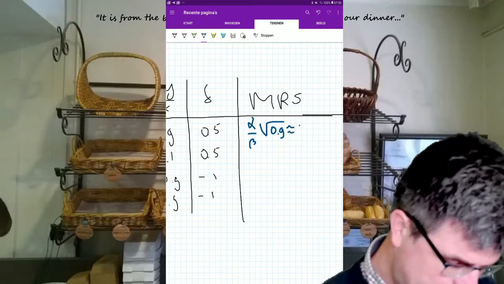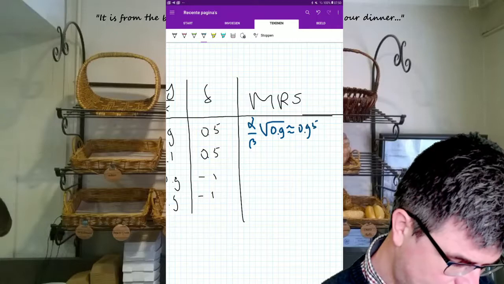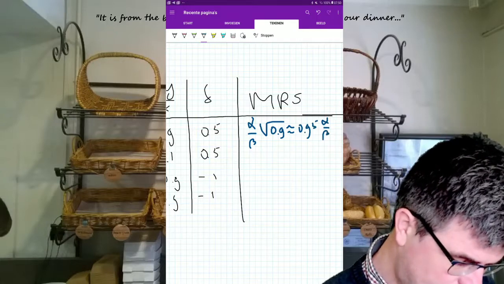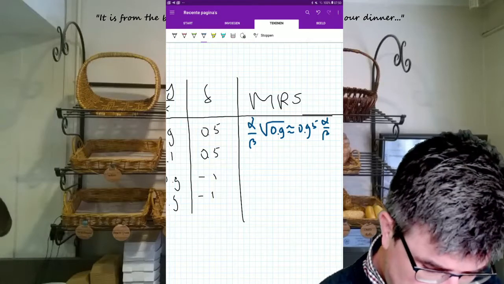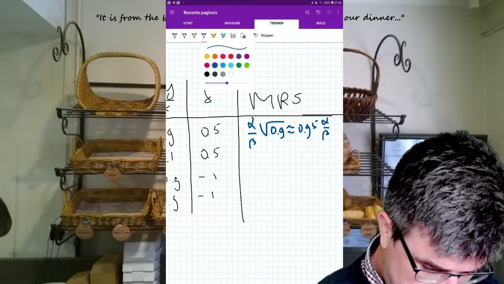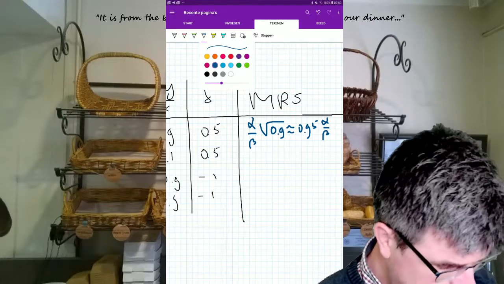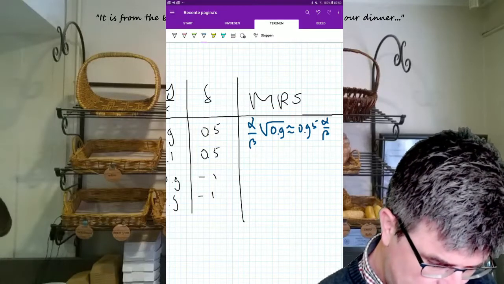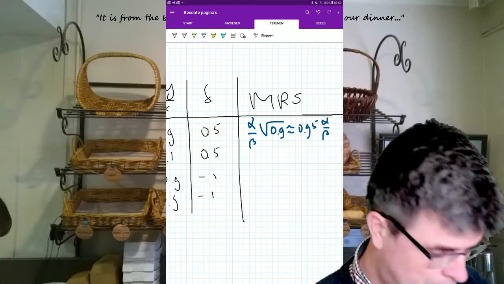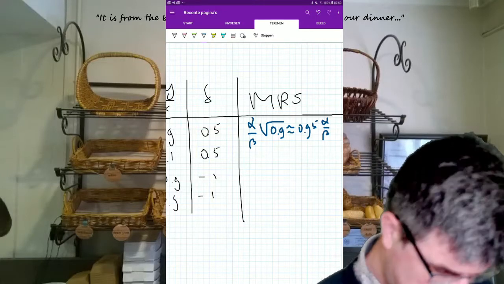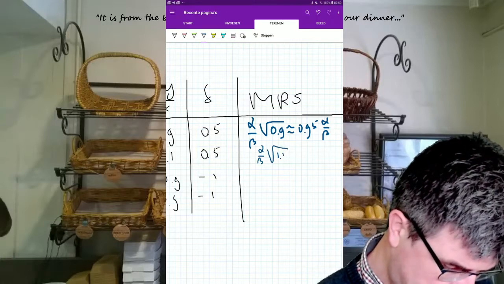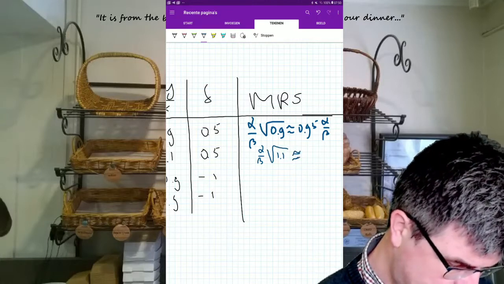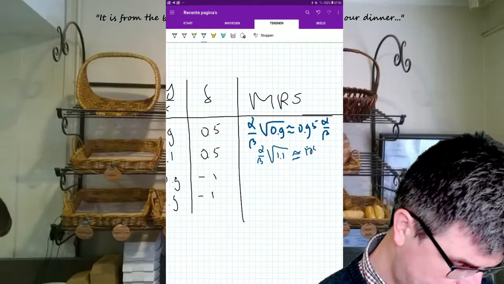And if you do this calculation, it's about 0.95 alpha over beta. Then in the second expression, the delta is the same, but the ratio is 1.1. So the marginal rate of substitution is alpha over beta square root 1.1, which is about 1.05 alpha over beta.